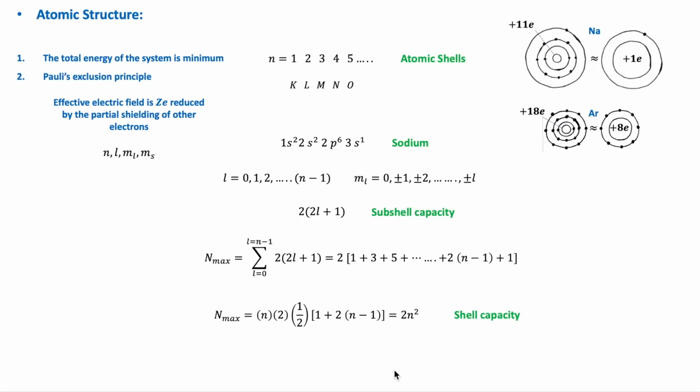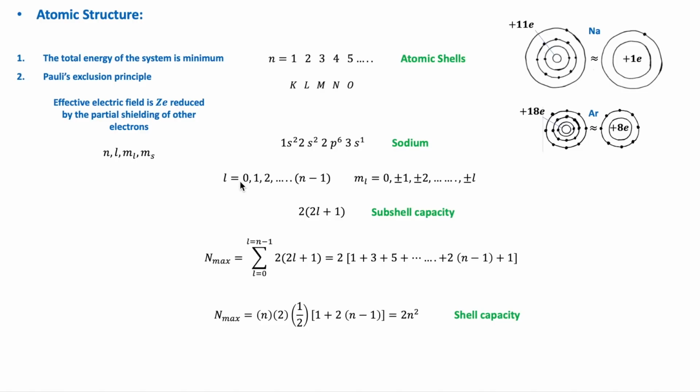And note here that the exclusion principle limits the number of electrons that can occupy a certain subshell. For a certain principal quantum number n, L can have these values.